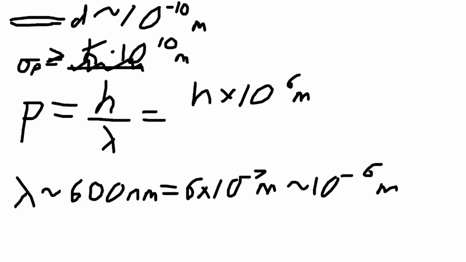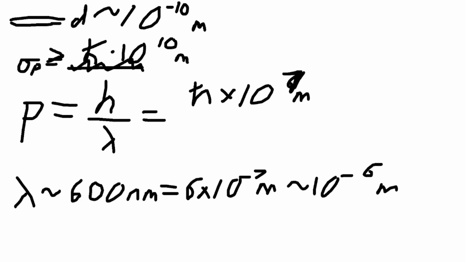Okay, so what about the uncertainty here? Let's look at these two values. h bar is close to h. It's roughly 1 order of magnitude less. So if we want to correct these so that they're both in the same unit, we could change this to h bar there and add an order of magnitude here. So this is about h bar times 10 to the 7 meters.